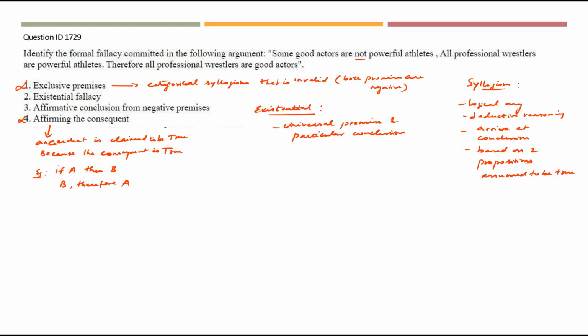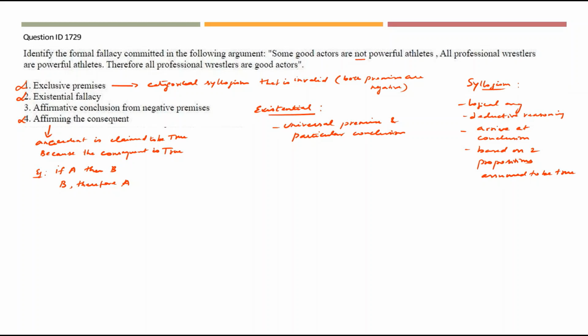There exists means there is at least one. So in that case, there exists will be a particular conclusion where it will have a universal premise. And here it is not about a universal premise, because here all professional wrestlers are powerful athletes. But here the talk is about some good actors are not powerful athletes. So existential fallacy will also not be the answer.